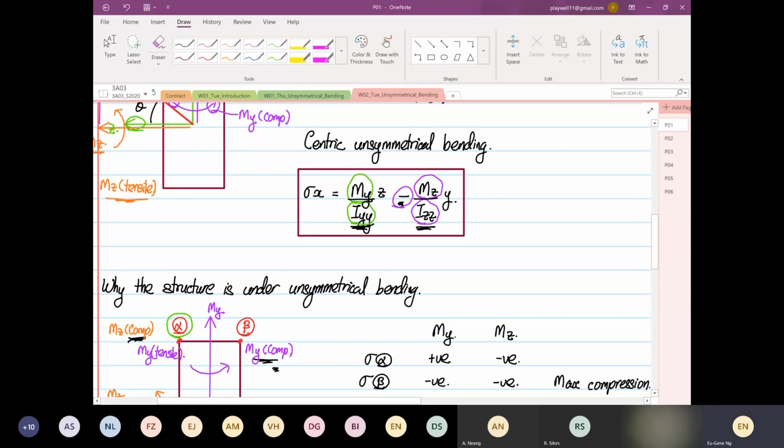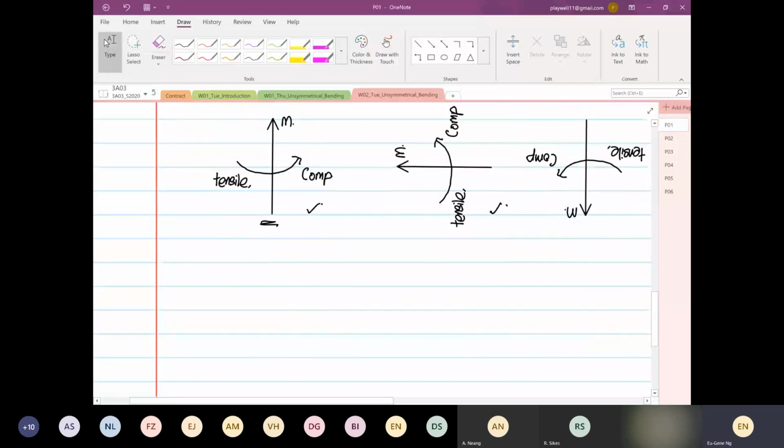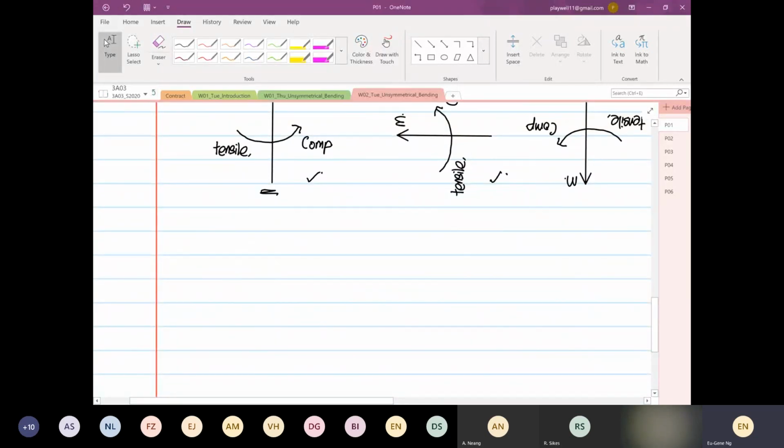It is a very easy formula. You can see it's straightforward, but in order to do your analysis and get your IYY IZZ correct, it can be quite tricky. So how to know what is IYY or what is IZZ? I'm going to teach you a simple way to remember this.